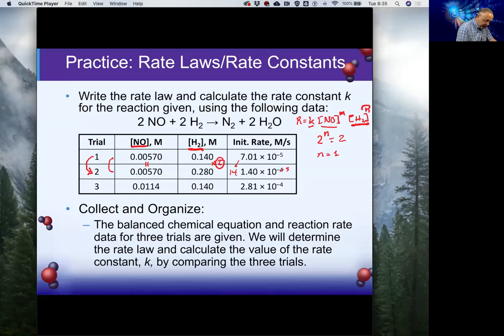For figuring out the m value, I need to look at the concentration of hydrogen remaining constant. So when I look under this column here for the concentration of hydrogen remaining constant, I can see that 1 and 3 work. So this is getting very busy.